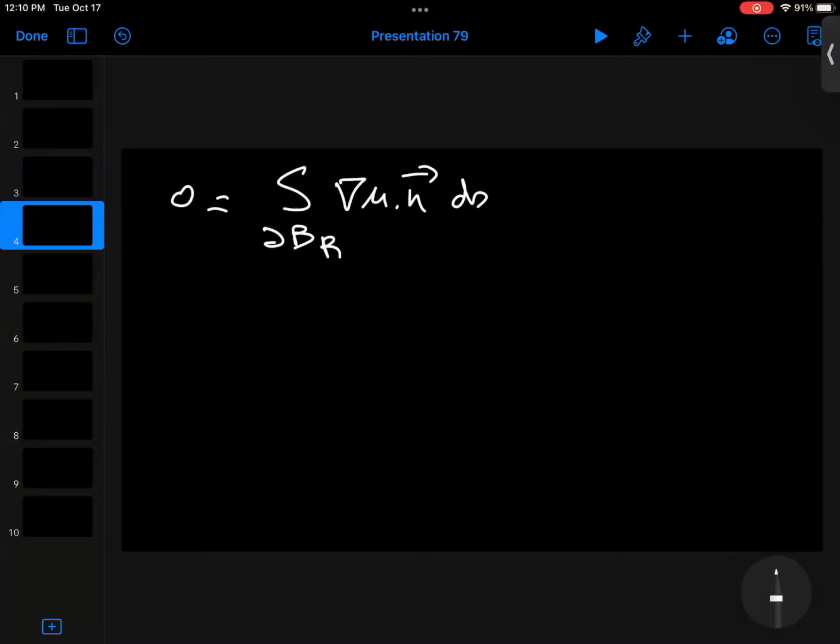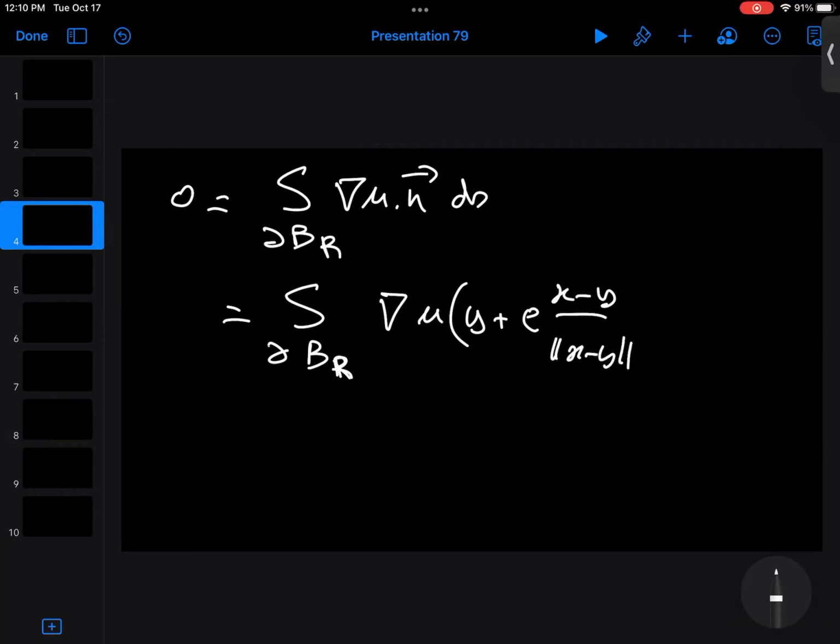All right, so I will just write that my x here is over this sphere. So I can just write here, it's the gradient of u at y plus rho times (x minus y) divided by the norm of x minus y.